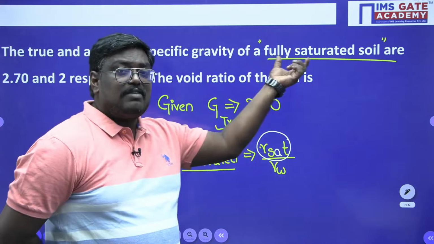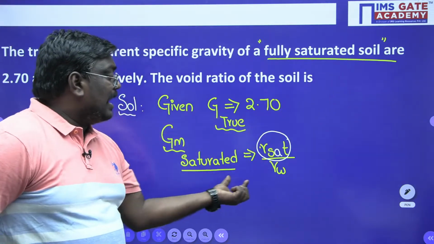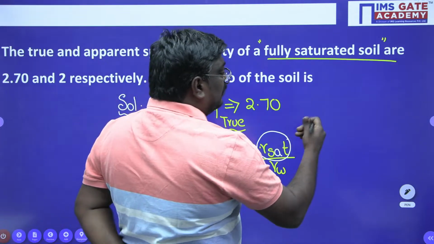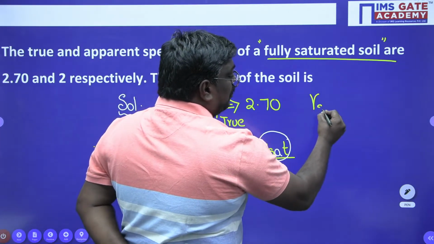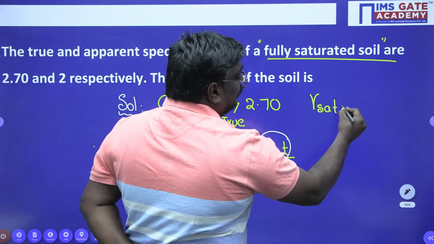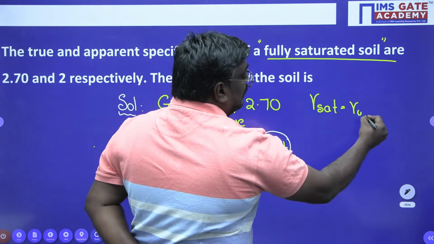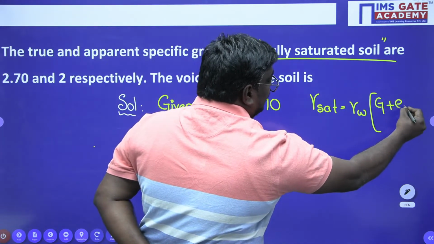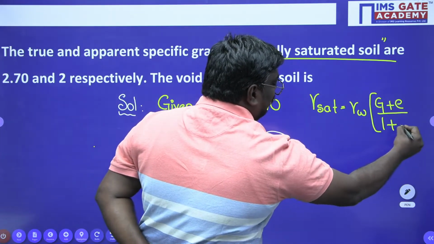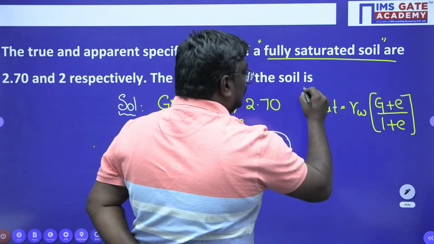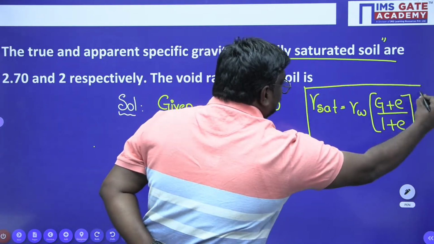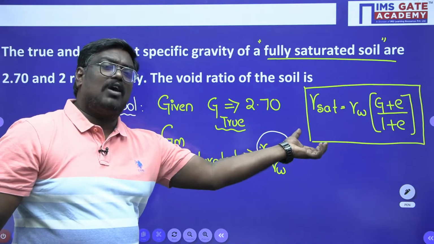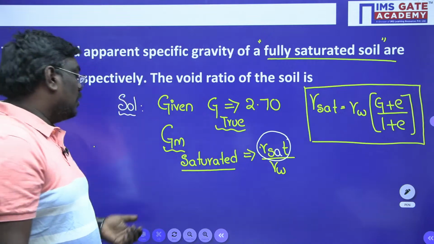When you say it is a fully saturated sample, we have the formula gamma sat upon gamma W. Now, my dear students, you know gamma sat is equal to gamma W into (G plus e) upon (1 plus e). This is the formula with respect to the specific gravity, void ratio and unit weight of water. Using this formula, this problem can be solved very easily.